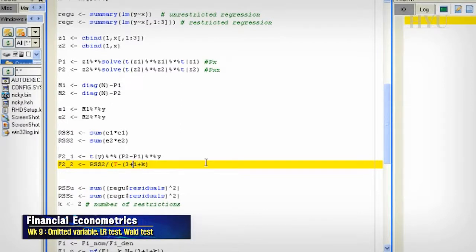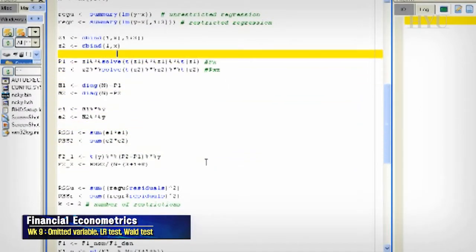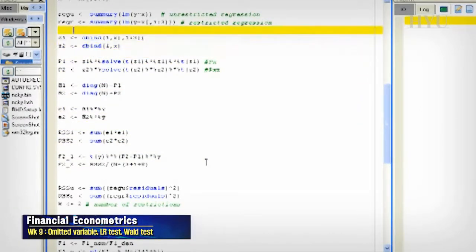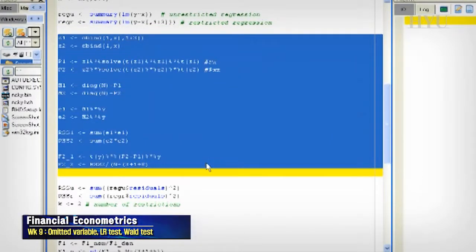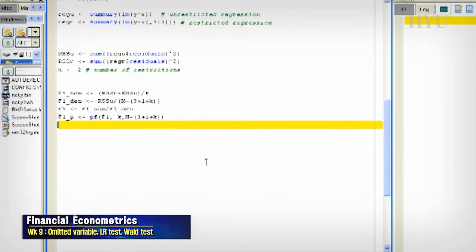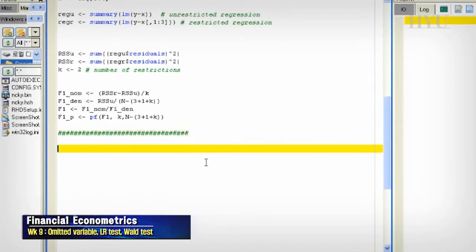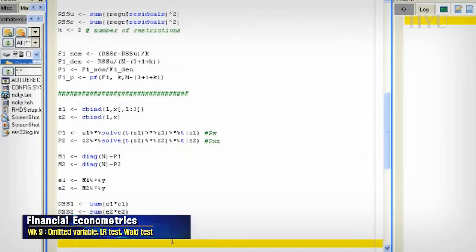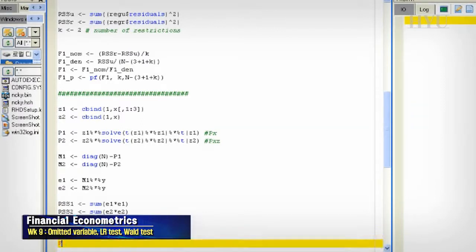Which is N. So F2 will be equal to F2 1 divided by F2 2.